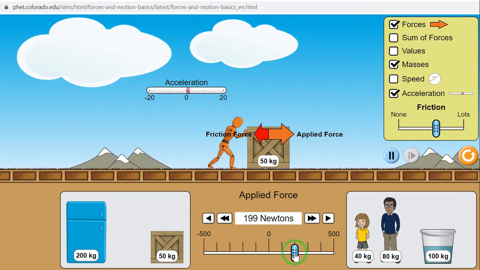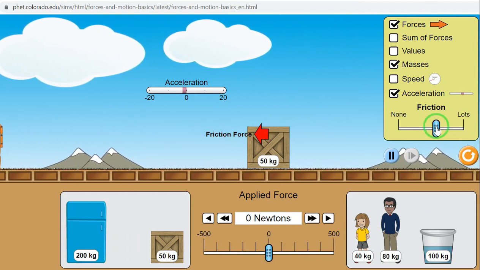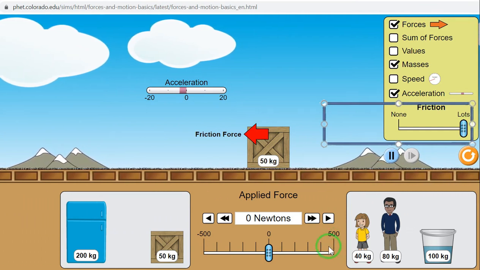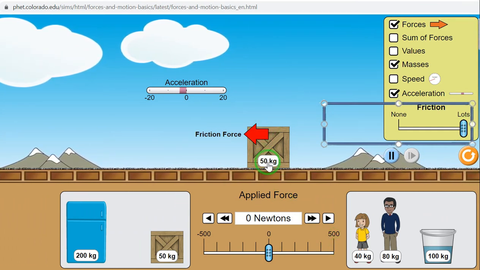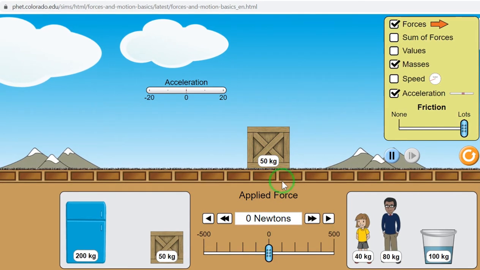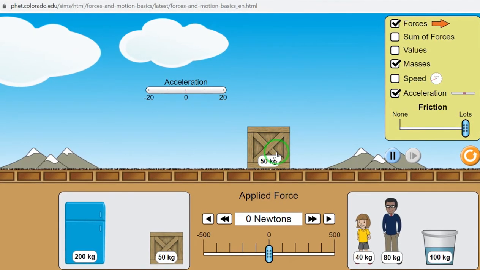But wait a minute, suppose I make the friction large, right, this moving object will slow down and finally it becomes zero velocity or zero speed.